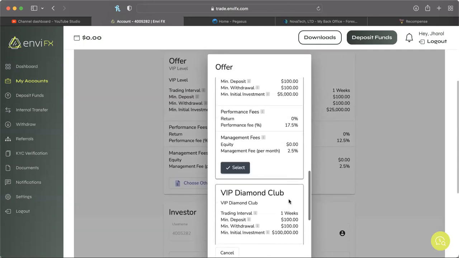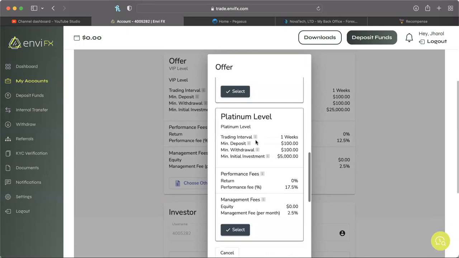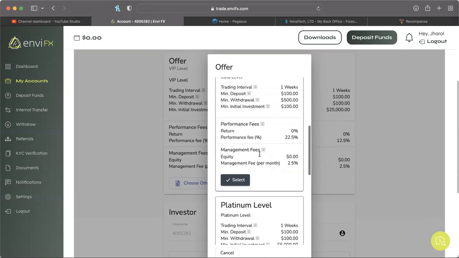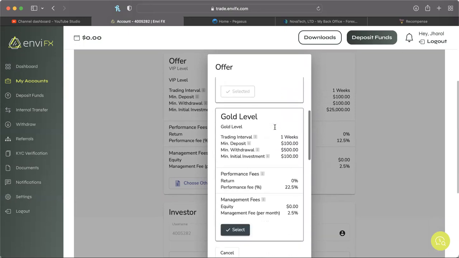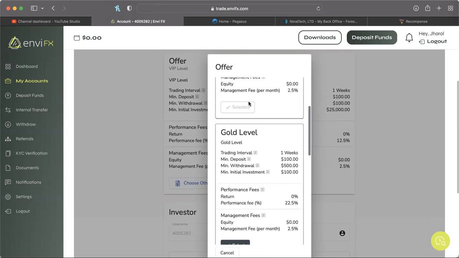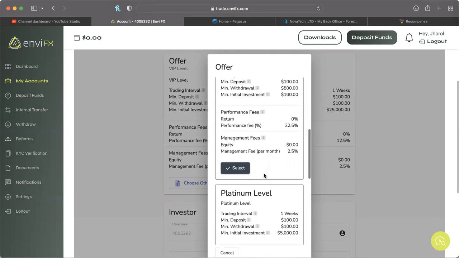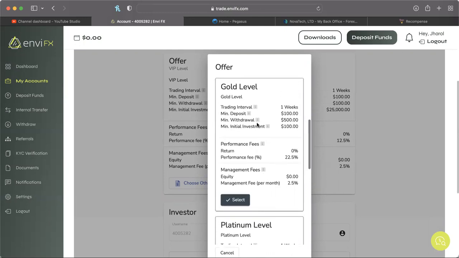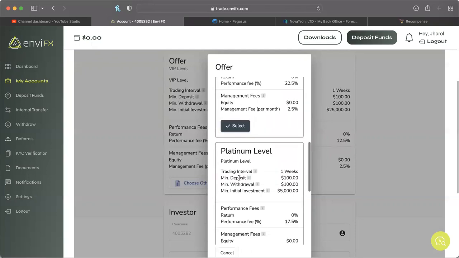I have heard some people upgrade from platinum to VIP level. So people who have been in the gold level want to get on the platinum level now. To do that, you must withdraw the funds from wherever you're at. Those funds will go back into your wallet, and then you can jump into the next level.